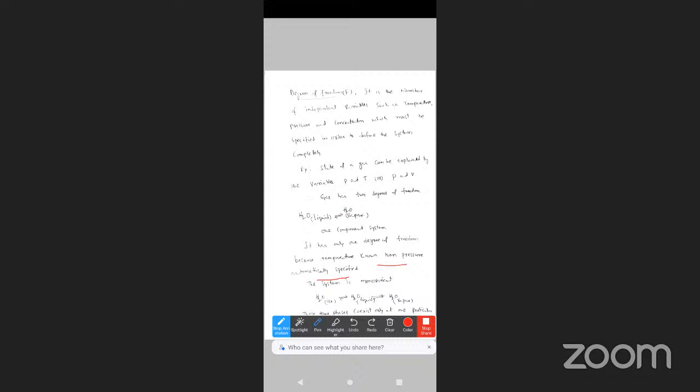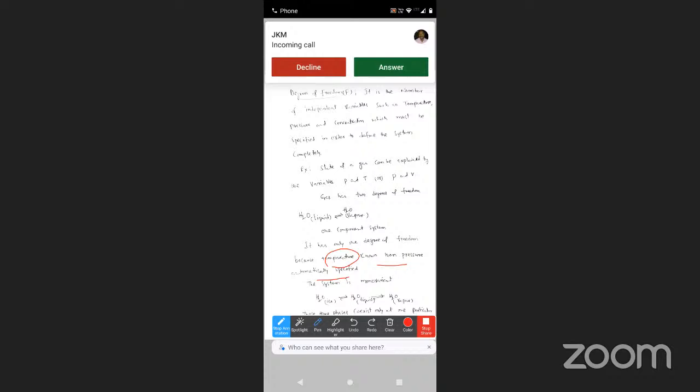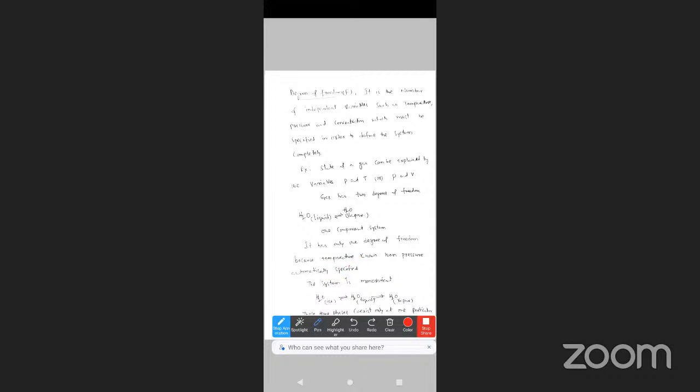Now, if we know the temperature, hence this phase equilibrium is considered as monovariant.